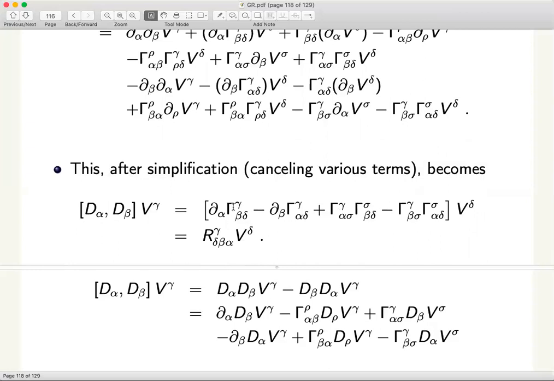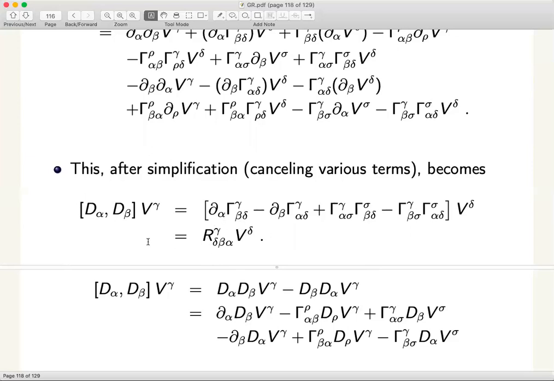And then you can check that it is antisymmetrized between alpha and beta, so therefore beta should be the index before that. That tells you that it must be R gamma delta beta alpha times V delta. So commutator of two covariant derivatives acting on the contravariant tensor gives you a Riemann tensor.